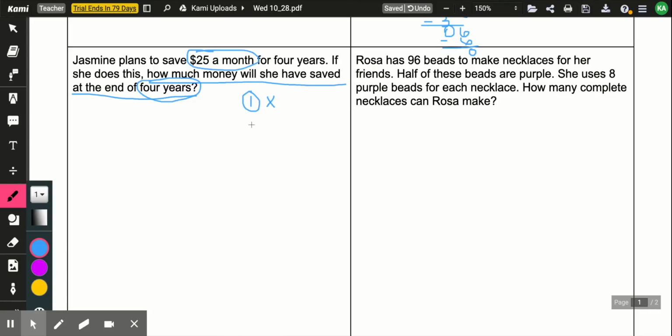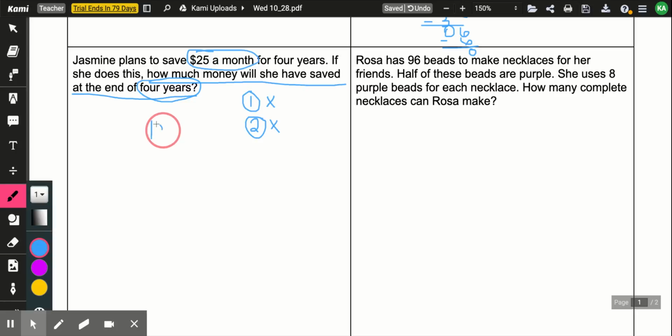Once we do 12 times 4, each of those months was $25. So then we're going to multiply that by 25. So we have a multi-step problem, but they're both multiplying.